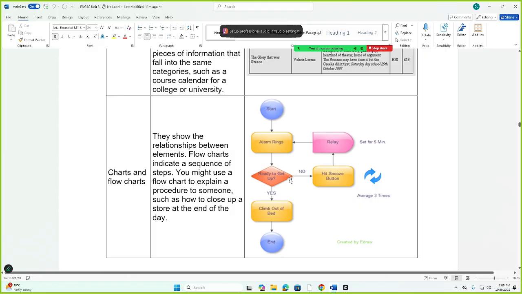It's a four-sided, irregular type of geometrical symbol. And it seems to be some kind of decision process there. Get ready to get up? No or yes. And that's how these work.